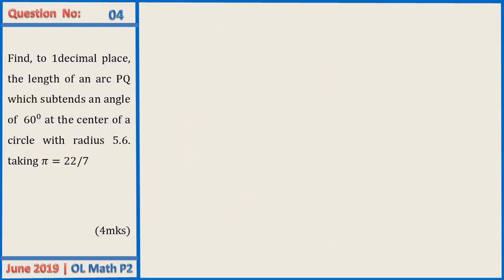Question number 4. Find to 1 decimal place the length of the arc PQ, which subtends an angle of 60 degrees at the center of a circle with radius 5.6, taking pi equals 22/7. The arc length is just a fraction of the circumference. That is, it is not the total circumference, it is just a section of the circumference, and it is given by 2 pi radius, that is the total circumference, times theta on 360 degrees.